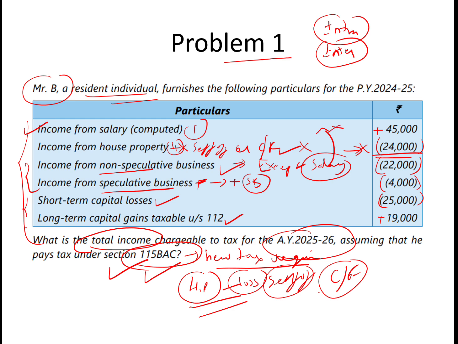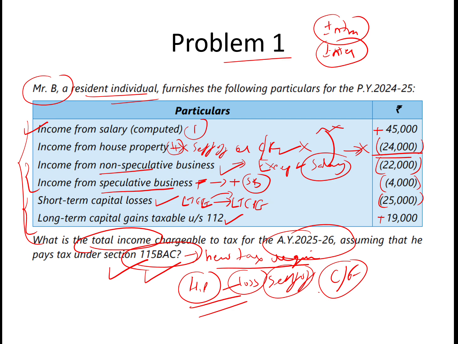Next, we have short-term capital loss and long-term capital gain. Very important: long-term capital loss can be set off against long-term capital gains only.